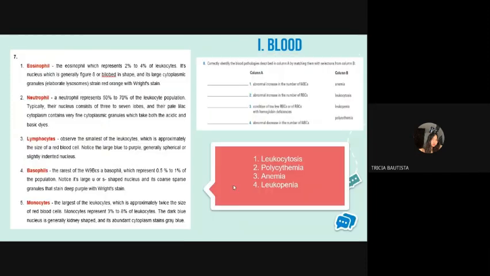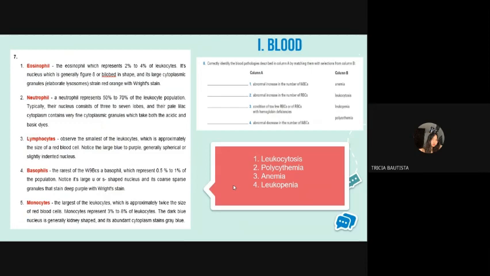Let's move on. Number 1, the eosinophil, which represents 2% to 4% of leukocytes. Its nucleus is generally figure 8 or bilobed in shape, and its large cytoplasmic granules, which are elaborate lysosomes, stain red-orange with Wright stain.